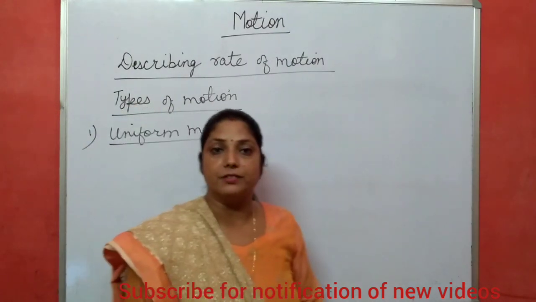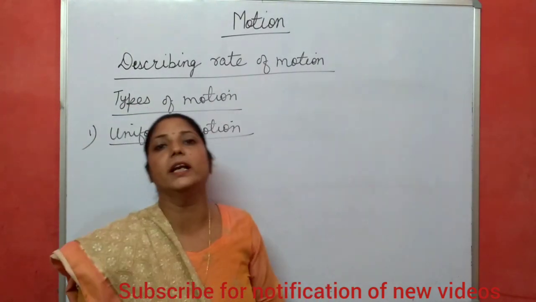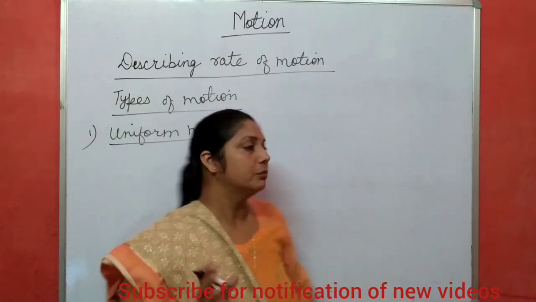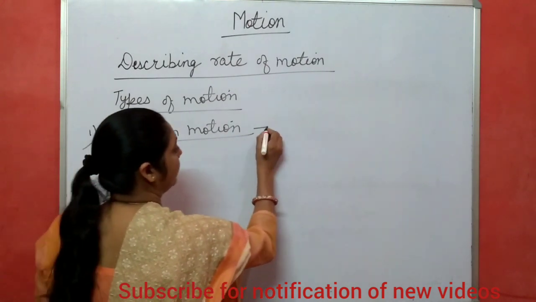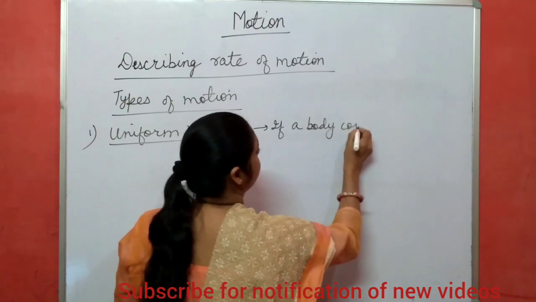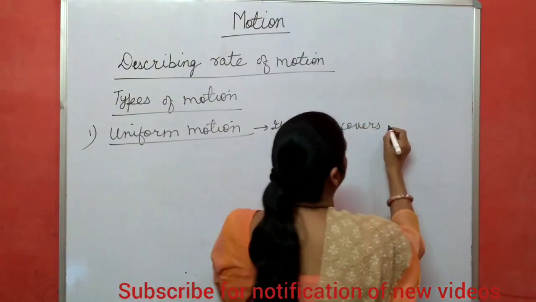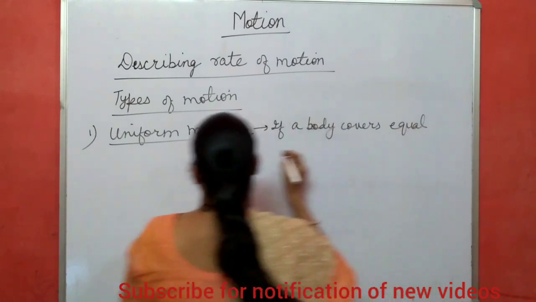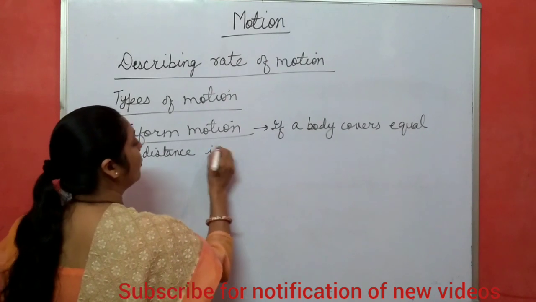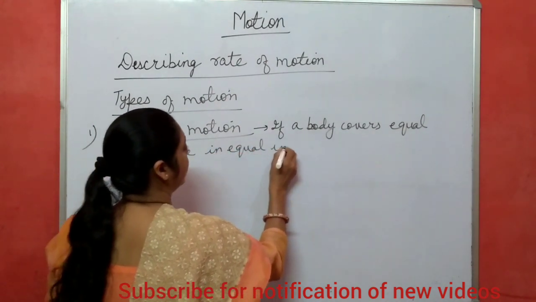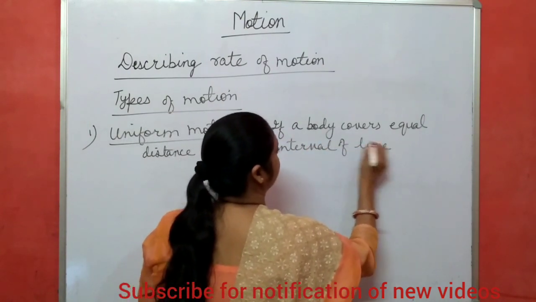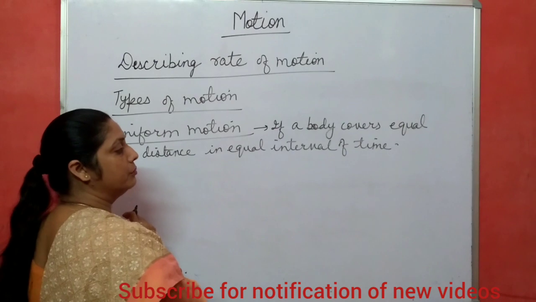If a body covers equal distance in equal interval of time, then you can say that the motion of the body is uniform motion.